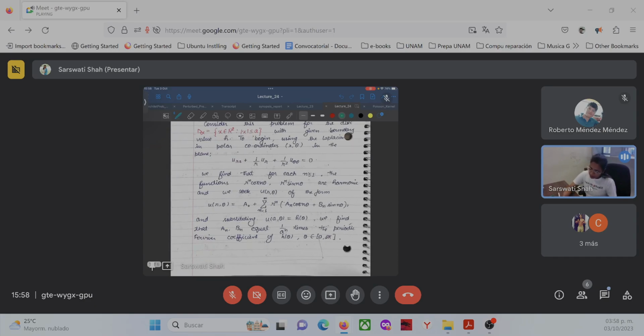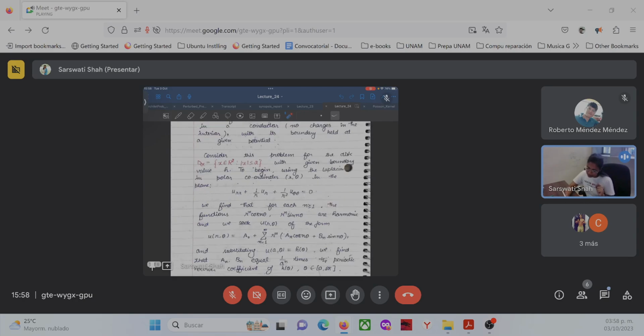So this Laplacian problem, which is written in polar coordinates, is defined on this disk where the value at the boundary is given by h. It means u(a, theta) is equal to h(theta). So this is the boundary value.